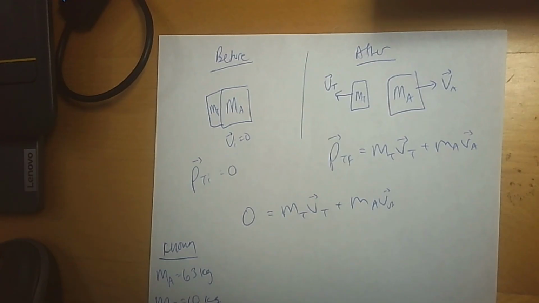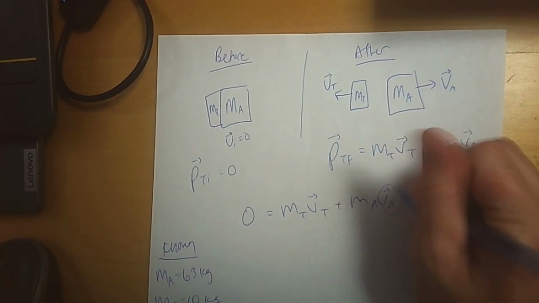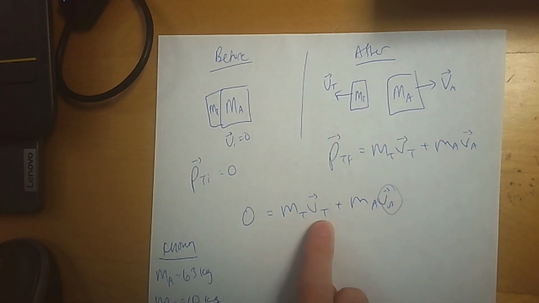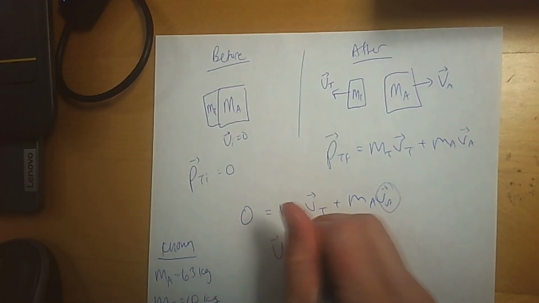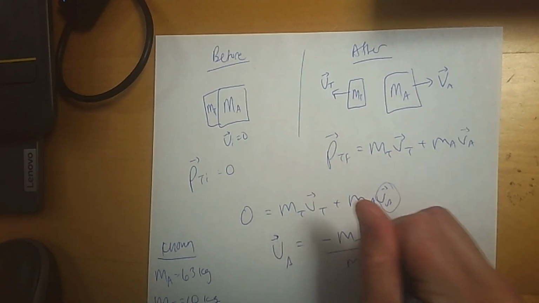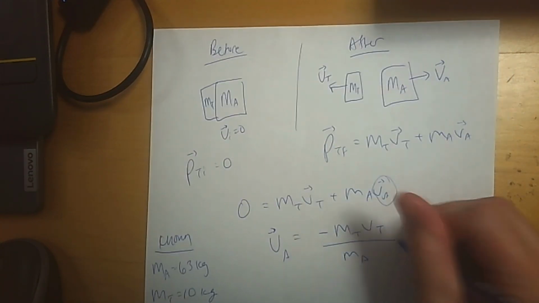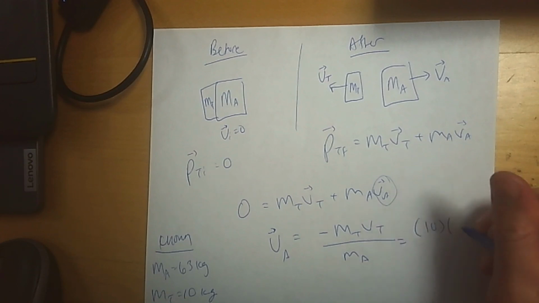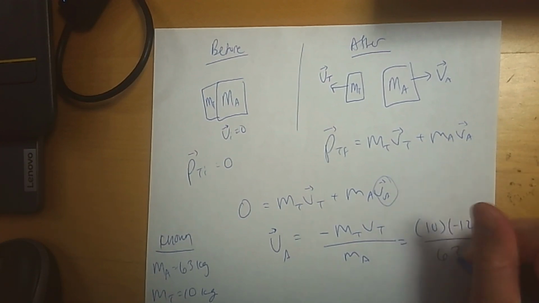And I'm looking for the speed of the astronaut. So I'm going to isolate this by subtracting MTVT and then dividing everything by MA. So VA equals 0 minus MTVT divided by MA. That is going to be 10 times negative 12 divided by 63, which is negative 120 over 63.